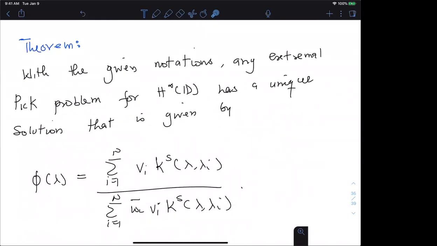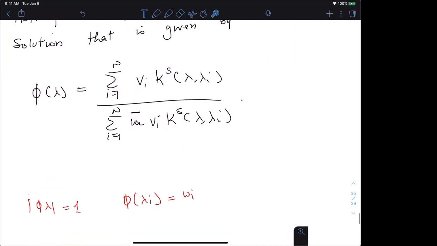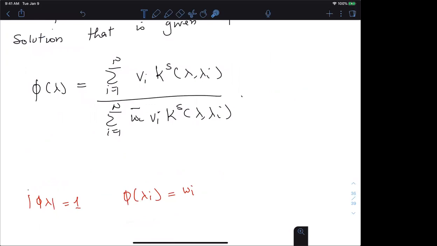So with the given notation, any extremal Pick problem for the Hardy space H infinity of D has a unique solution that is given by this formula, which is also a Blaschke product of degree n. So it is easy to verify that the modulus of phi lambda is equal to 1, and also phi lambda_i is equal to omega_i.